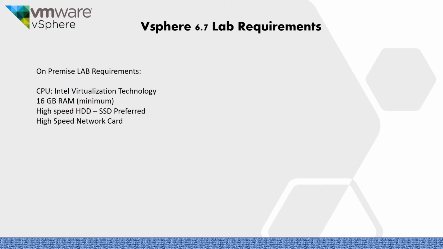What are the requirements for vSphere 6.7? For the on-premise lab requirements, on-premise means you have a laptop, a server, a desktop, or a PC. You need to have Intel virtualization technology enabled.